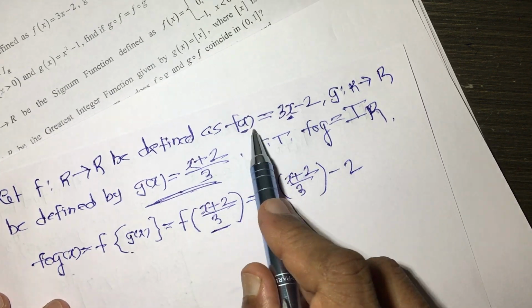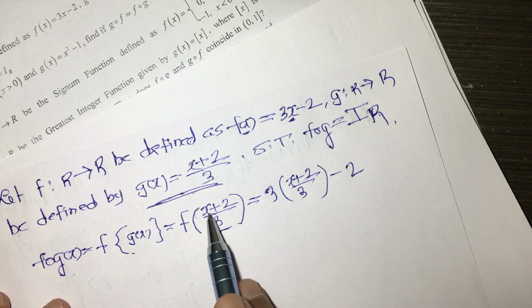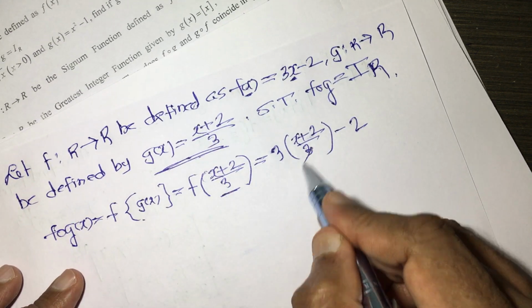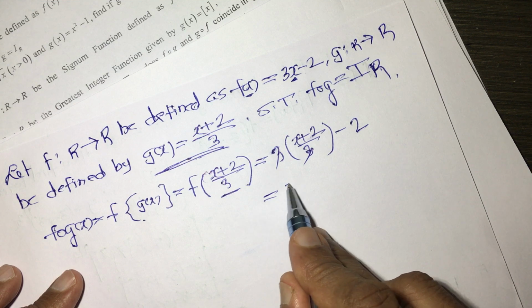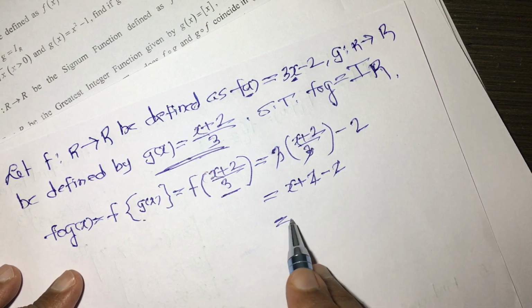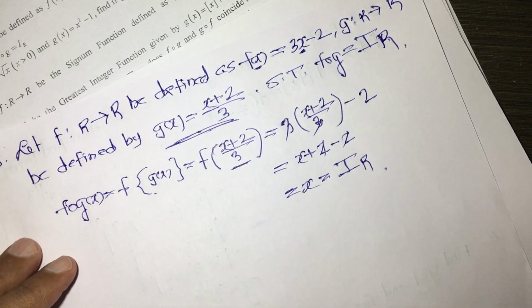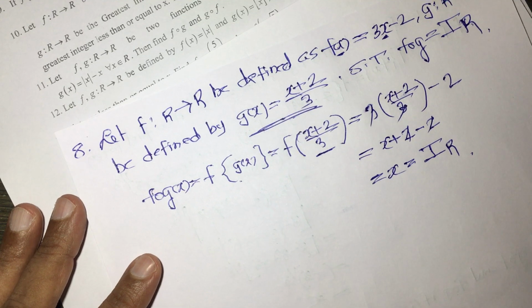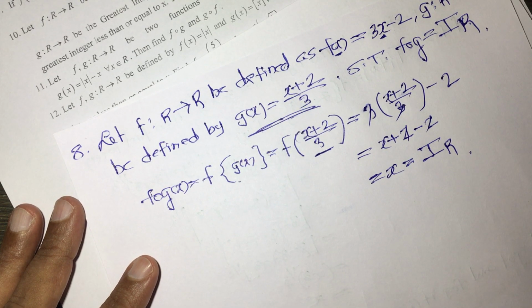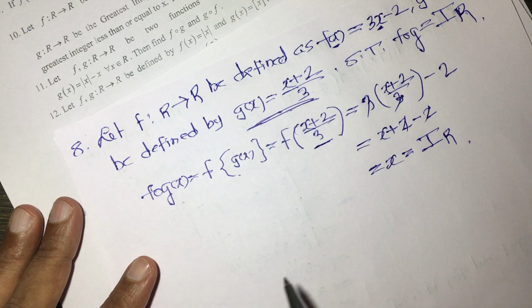Look here, f of x is 3x minus 2, and your x is this x plus 2 divided by 3. The 3 gets cancelled, it is x plus 2 minus 2, the plus 2 and minus 2 get cancelled, and we get x, and this is your identity function I_R. So, identity function means remember x is in R, and if it is in the codomain we get y.